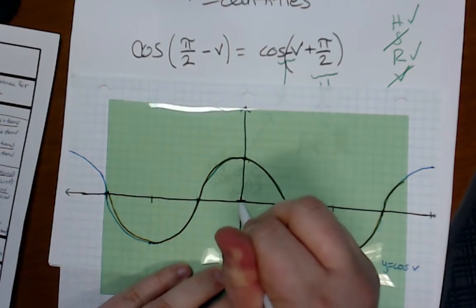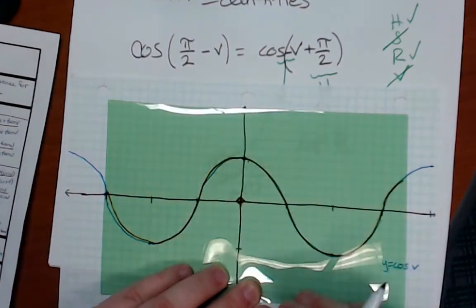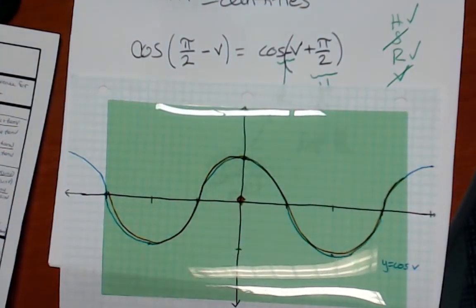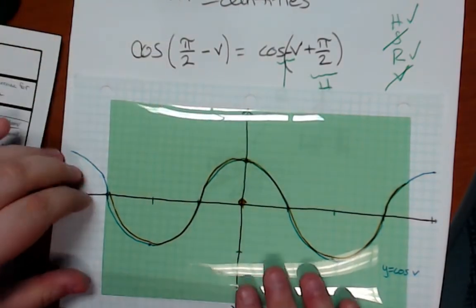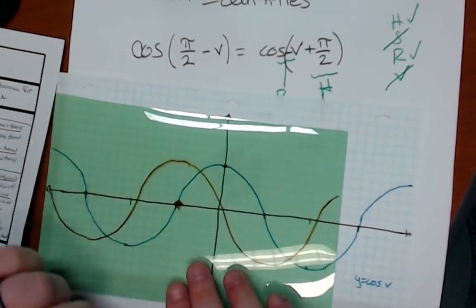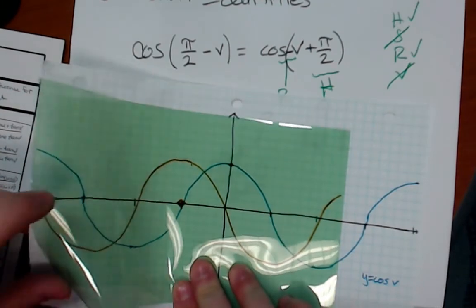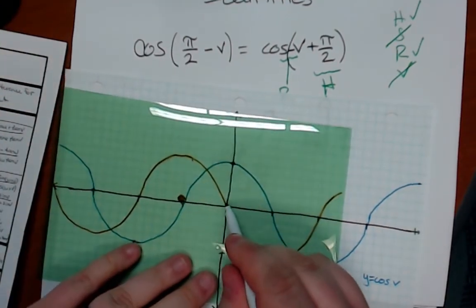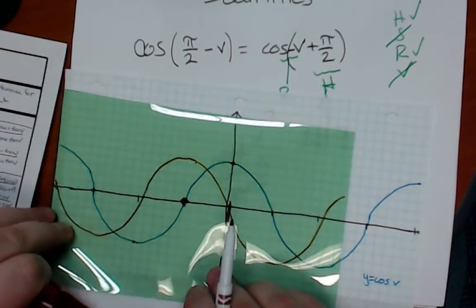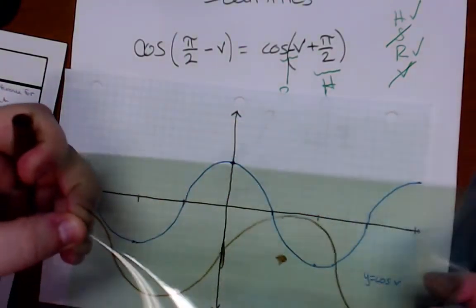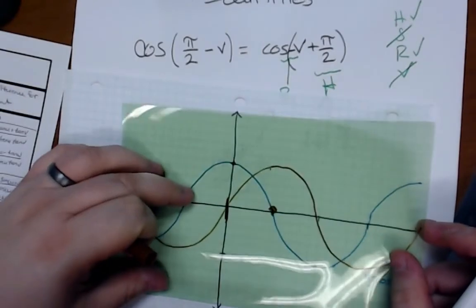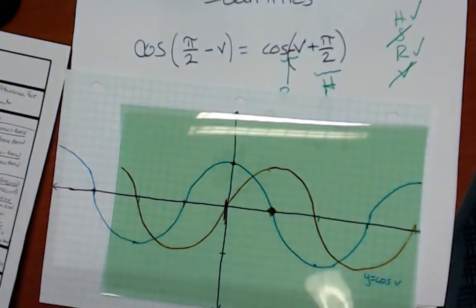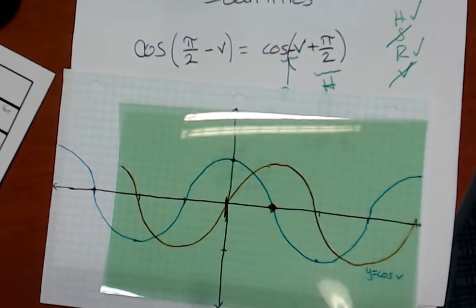I'm going to mark my origin just so I know where that point was. And remember I said that plus pi over 2 means we go left pi over 2. And then we reflect it around the y-axis, and so that means this point here. We're going to flip it, and we end up with this. Does that look familiar to anybody?